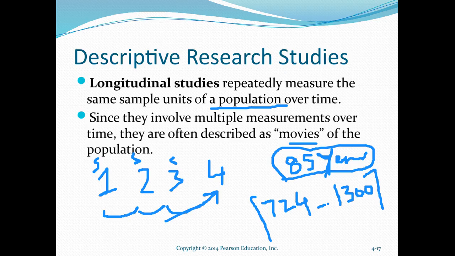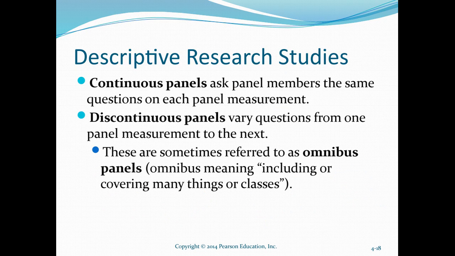Okay, so descriptive research studies can use continuous panels. You can ask panel members the same questions on each panel measurement. You can also use discontinuous panels, where you use various questions from one panel measurement to the next.